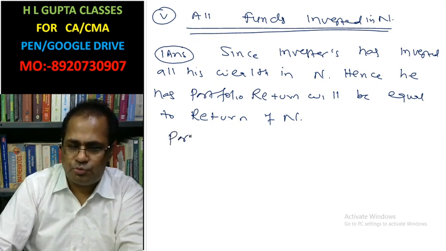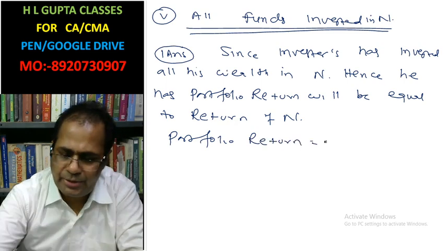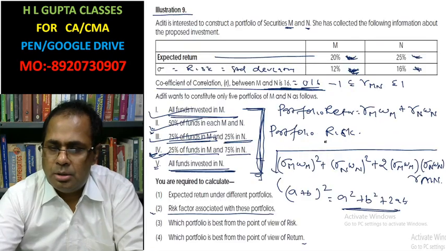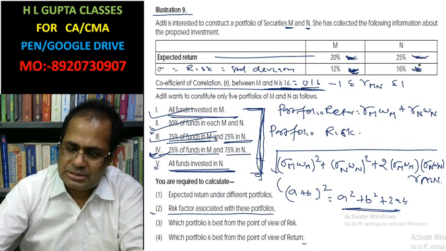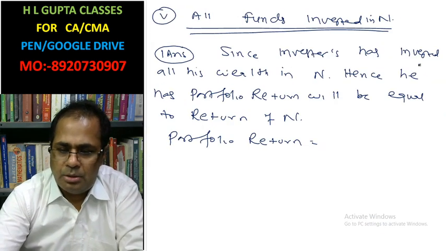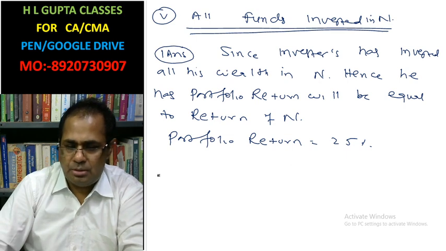That is portfolio return. What is the return of N? Please look at here. Portfolio return of N is 25%, risk will be 16%. 25%.